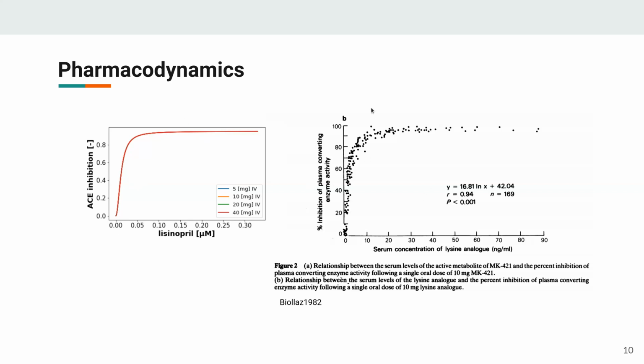Here's some comparison with the data, and we basically use the data to parameterize this curve. We see also in the data, it's reported that at very low concentration we have almost 100% inhibition. There's more variability here, but overall, if we have high lisinopril concentration, we have 100% inhibition.